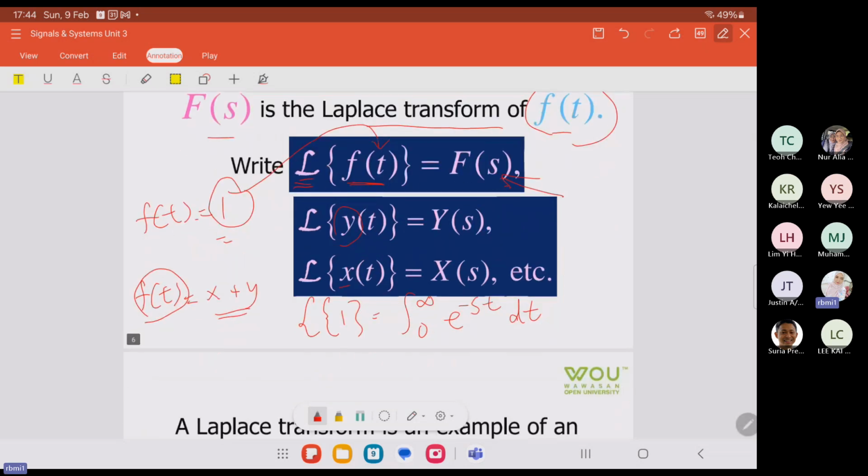Just integrate this and we get minus 1 over s times e to the minus st. This is how to get it, just integrate.